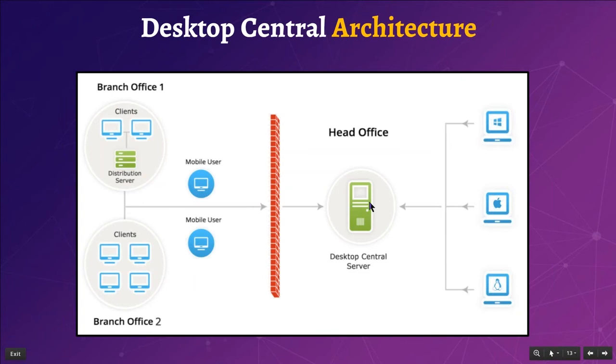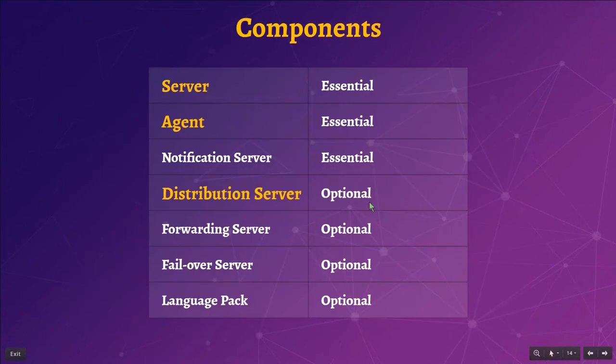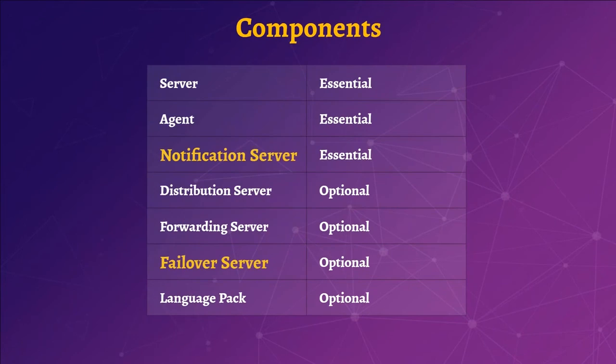So here are the components involved in Desktop Central. We have seen about server, agent, and distribution server. And other components are notification server. Notification server is another important component which plays an important role in any on-demand tasks like remote control and any on-demand tasks like scan, patch scan, or inventory scan and all that.